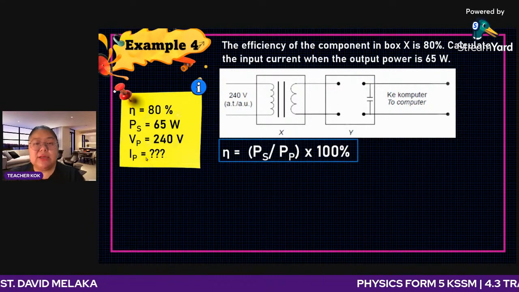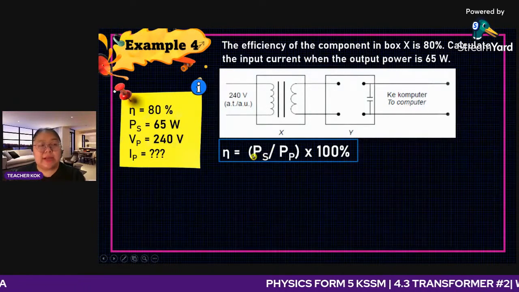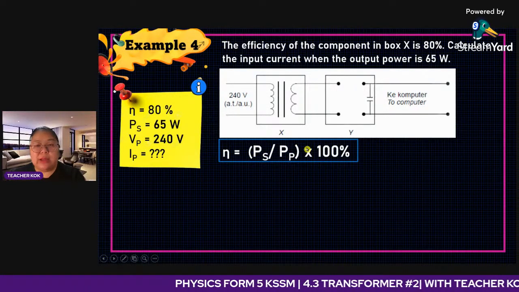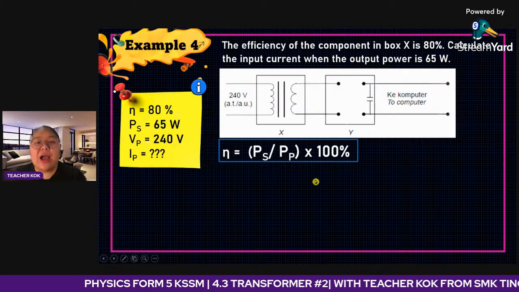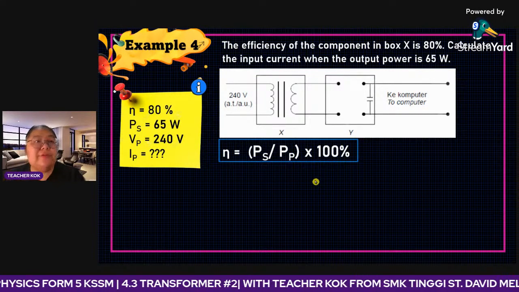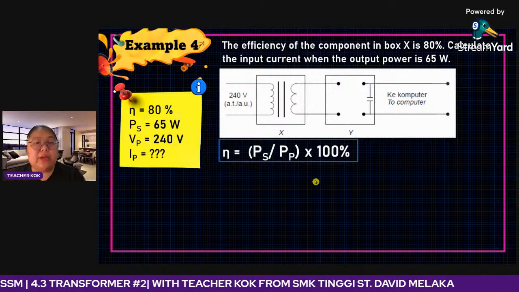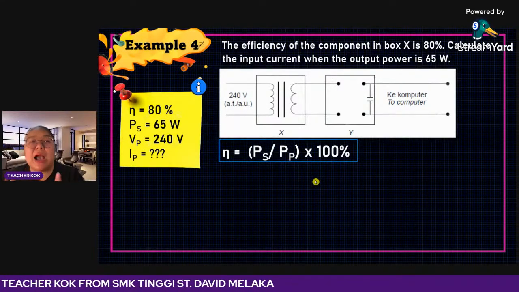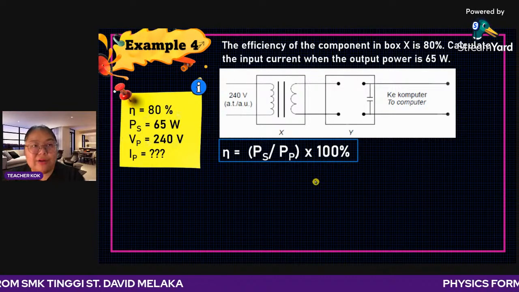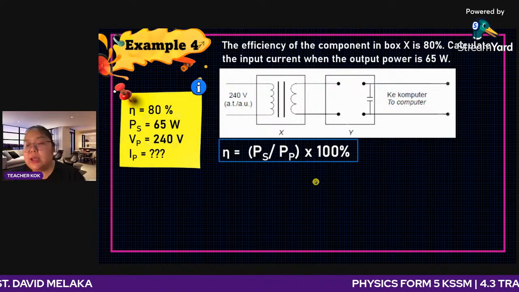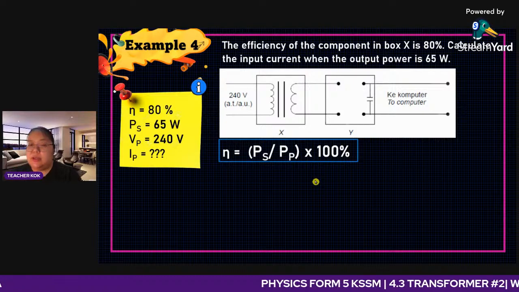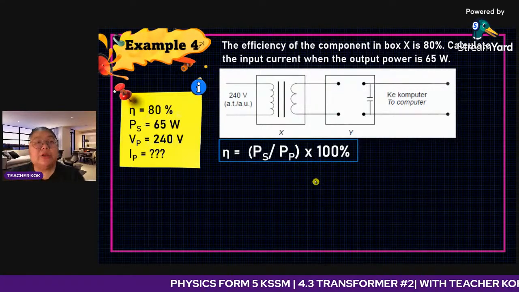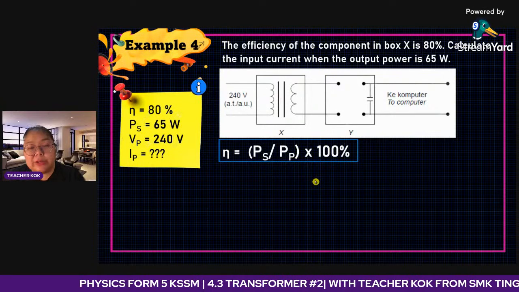Percentage efficiency equals power secondary over power primary, times 100%. You find for me the Pp first, power primary. After that you find the current for primary. So students, you also need to start the calculation. You give me the power input first.